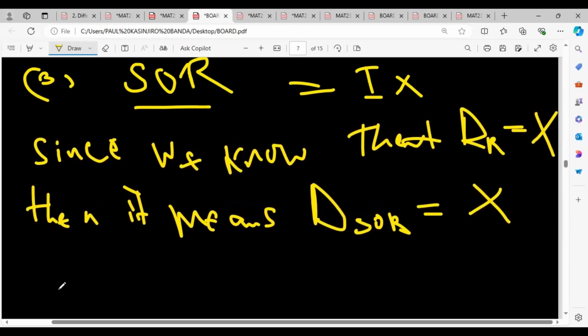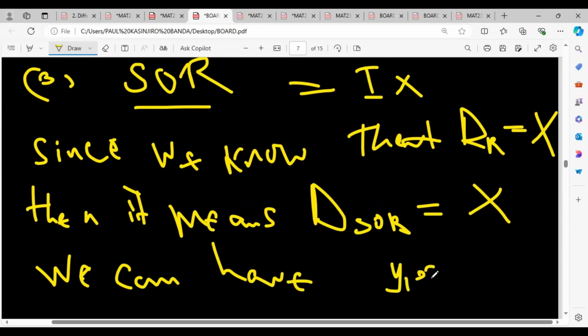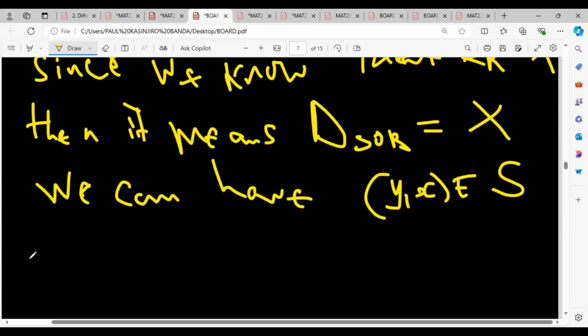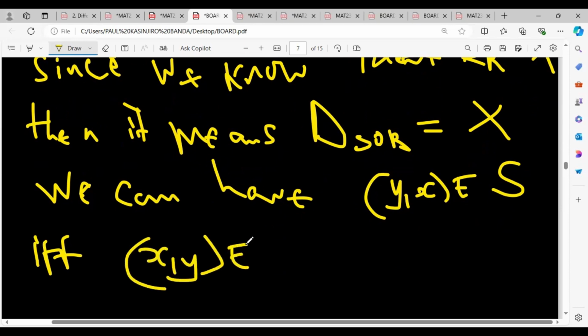So we can have a coordinate (X, Y) being a member of this relation S only if, and if and only if, this is how we write it, (X, Y) is actually a member of what?